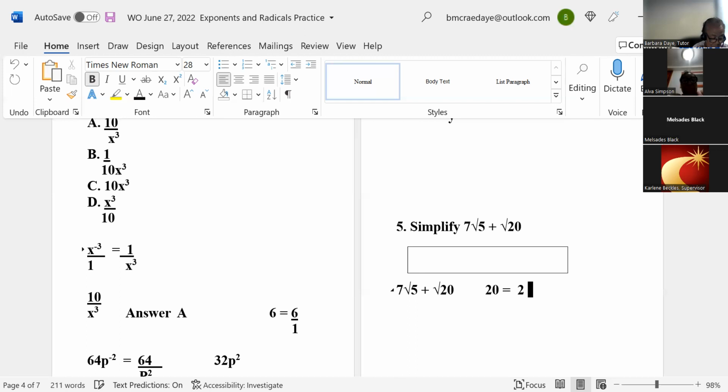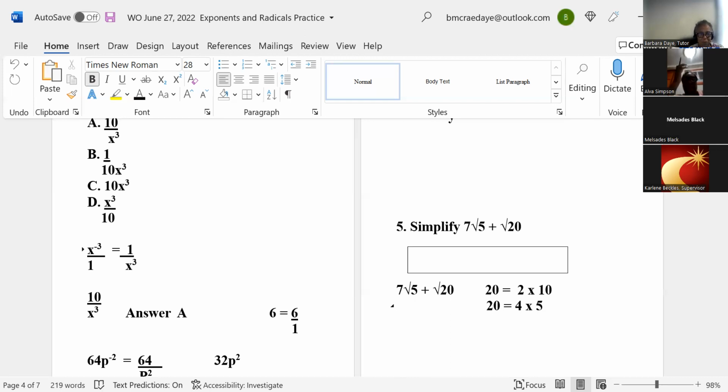Okay, 2 times 10. Alba, give me 2 other factors of 20. Two numbers you can multiply and get 20. I would say 4 and 5.